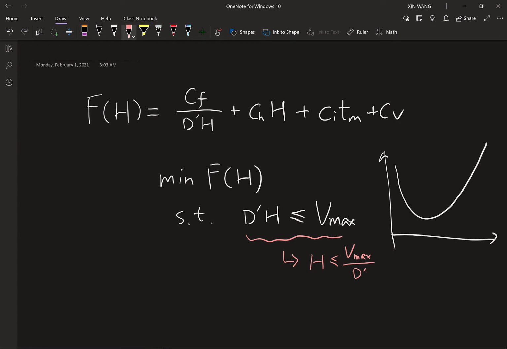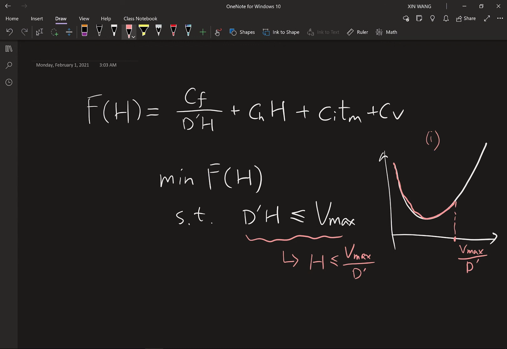So we can decompose the problem into two cases based on this constraint. Case 1: if the truck capacity is large enough, the threshold is Vmax divided by the demand rate, and our constraint tells us that we need to find the optimum solution within this range.